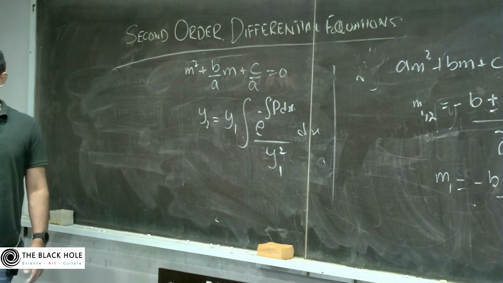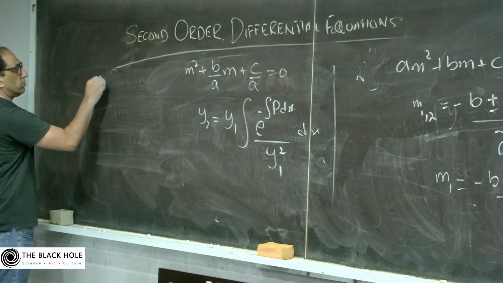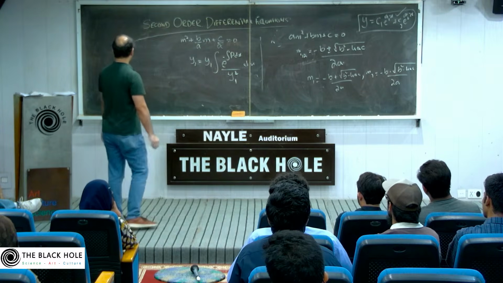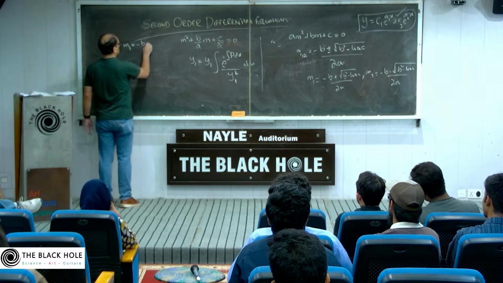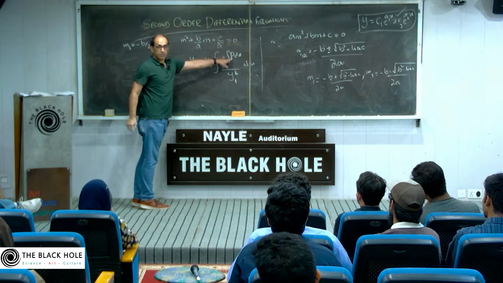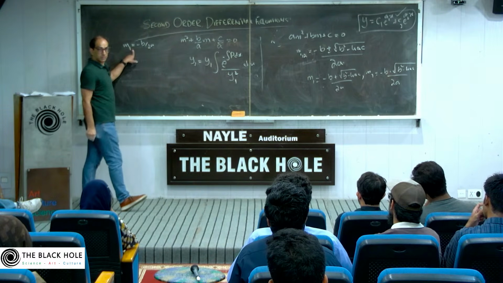Okay. What is M1 in this case? When the discriminant becomes 0, what is the M1? Minus B over 2A. What is P over here? B over A. So B over A becomes minus 2m1.